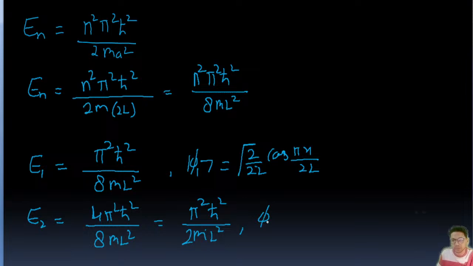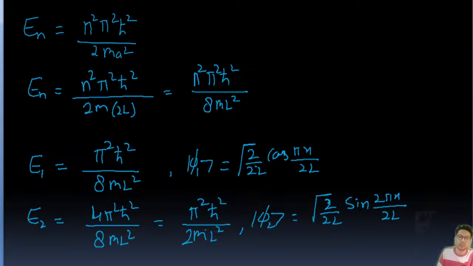The wave function phi 2 is root 2 upon 2L, and since n is 2 and the potential is symmetric, it is sine of 2 pi x upon 2L. This is the wave function.